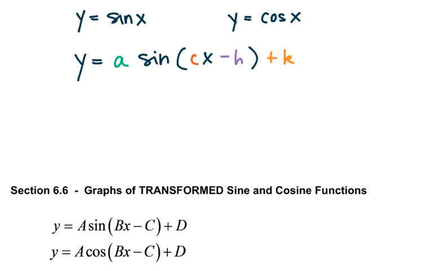And the last thing we like to talk about is whether or not it's inside or outside. So C and H are inside the grouping mechanism in the argument of sine. They're inside the parentheses. Whereas A and K, they're outside, they're free. So I think about being inside like being in jail, because these guys were bad, because they always are going to behave the opposite of what we are going to expect.